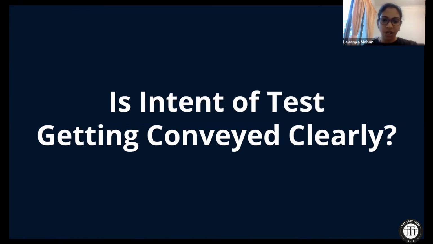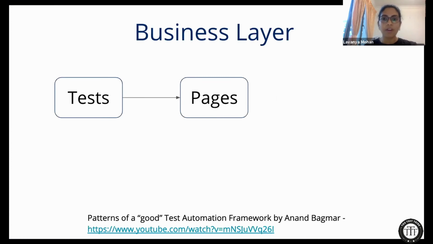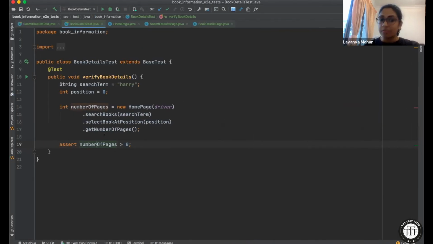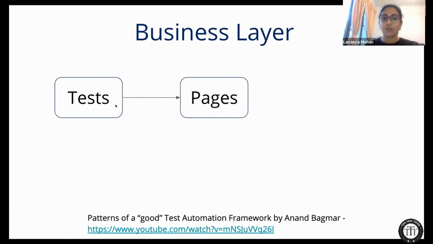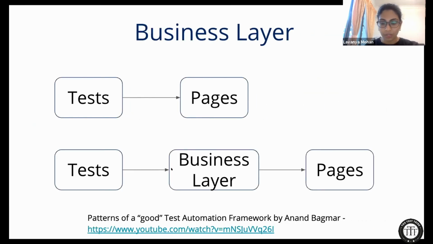Well, there is a talk by Anand Bagmar where he talks about business layer page object models. So I've linked the talk here. What does that mean? Currently we have tests which directly talk to pages, right? But we could have tests which talk to a business layer, something in between, and this business layer talks to either other business layers or to pages.